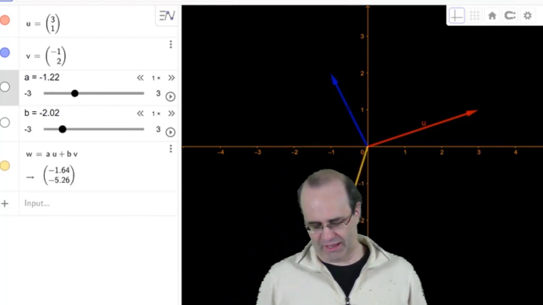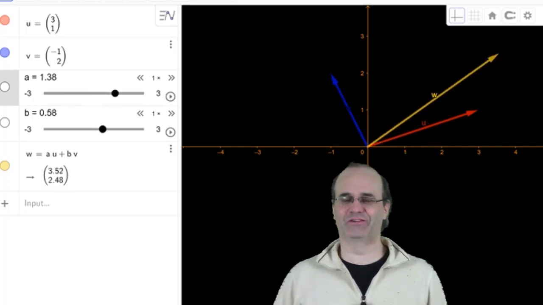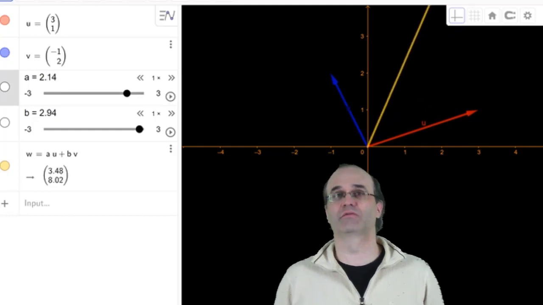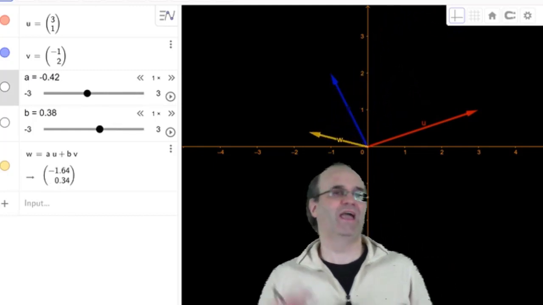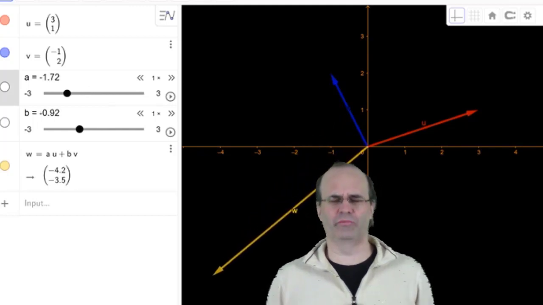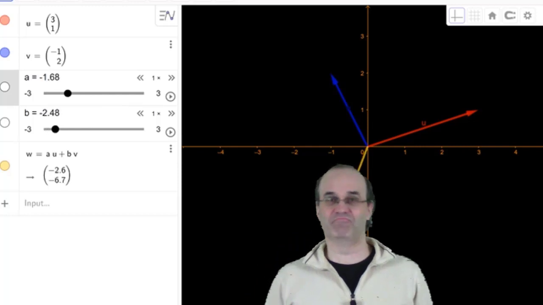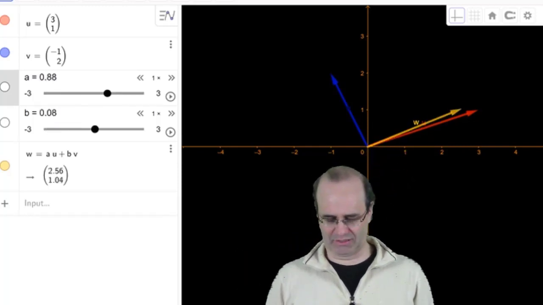I think this is believable just based on this little animation. This can also be checked using algebra. One can show that for these u and these v, any vector in R2 can be written as a linear combination of u and v. This can be done by solving a system of equations, and you'll see some examples.